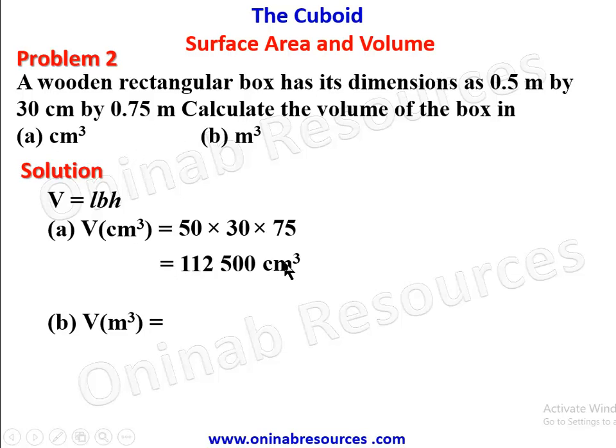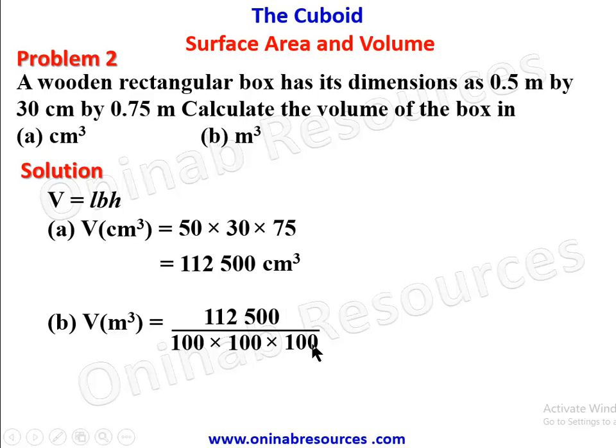And for the B part, we don't need to convert this one to meters then multiply out. No, we can just express these cubic centimeters to cubic meters by dividing by 100 in 3 places, because we have cubic here. If it is squared, we just divide by 100 by 100. So 112,500 divided by 100 times 100 times 100. Since it is cubic, it is dividing by 100 in 3 places.